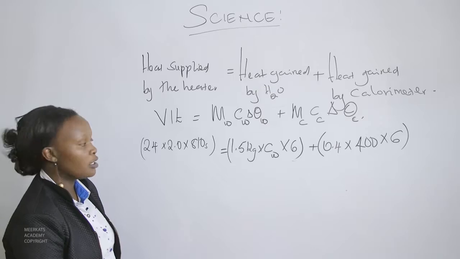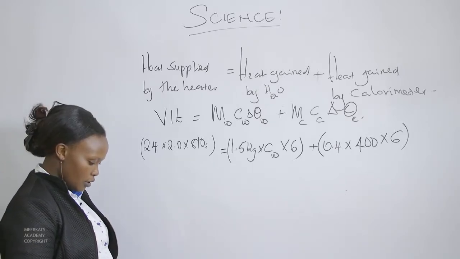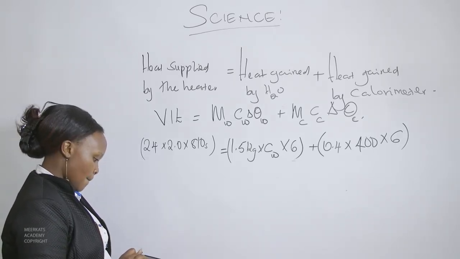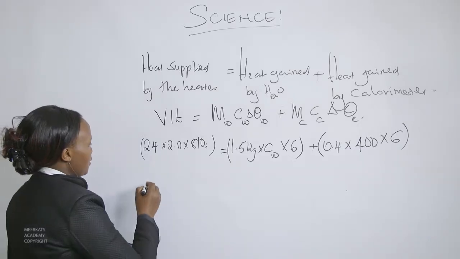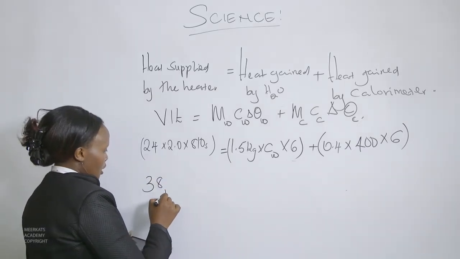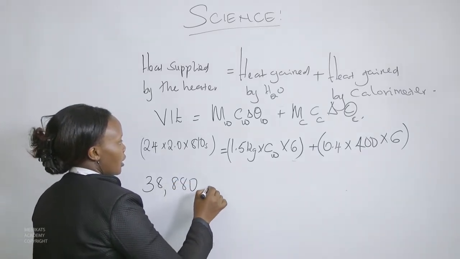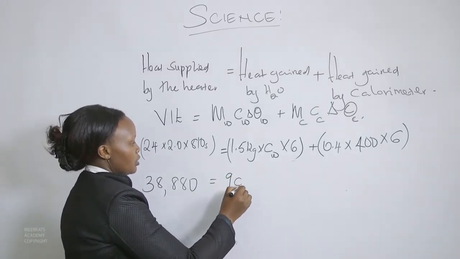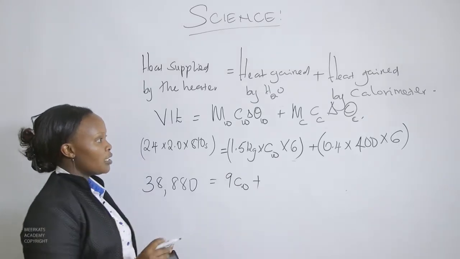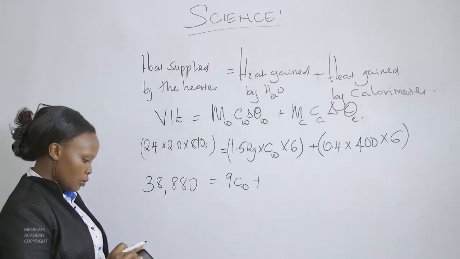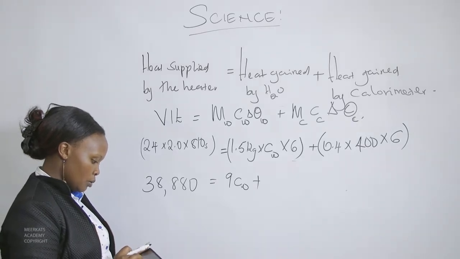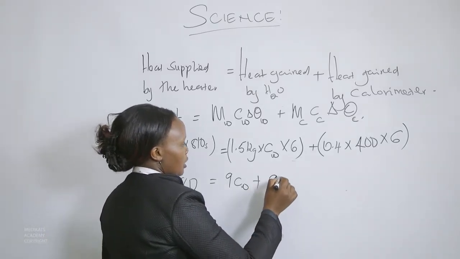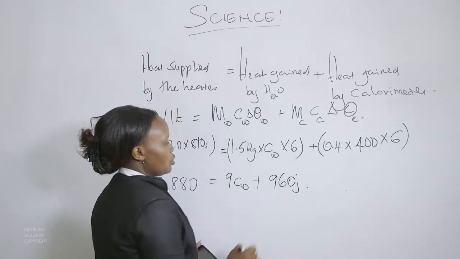Now let us simplify that equation so that on the left hand side we have 38,880 being equal to 9 CW, when we add that to 960 joules.